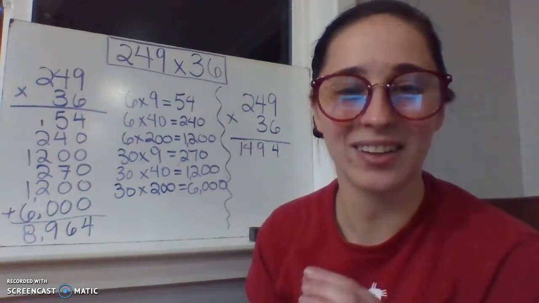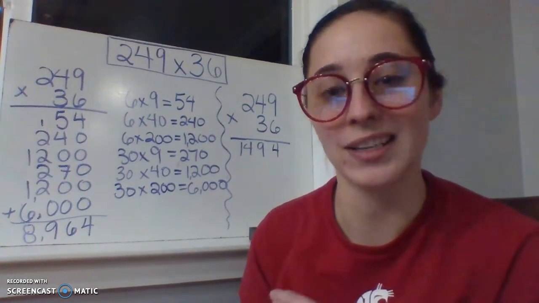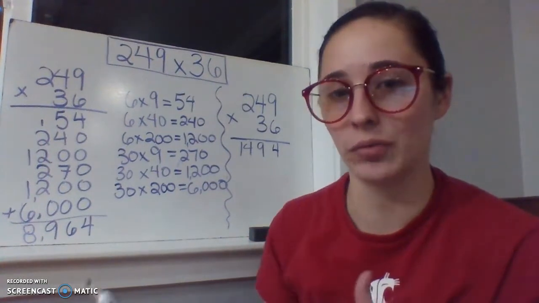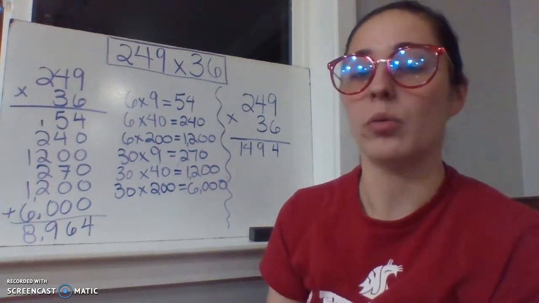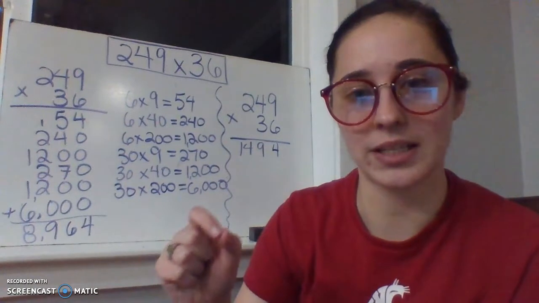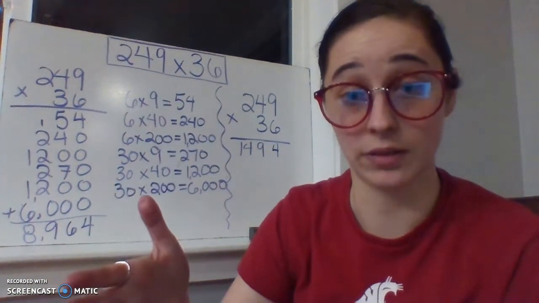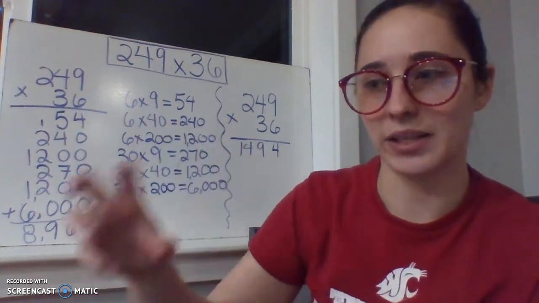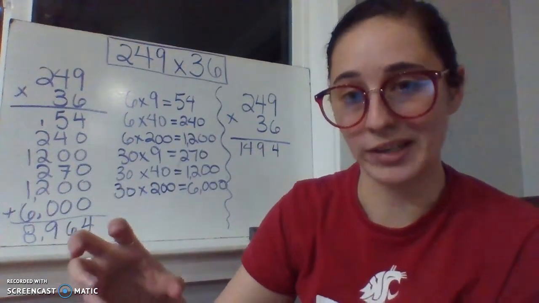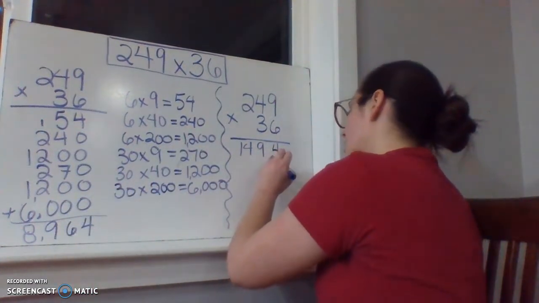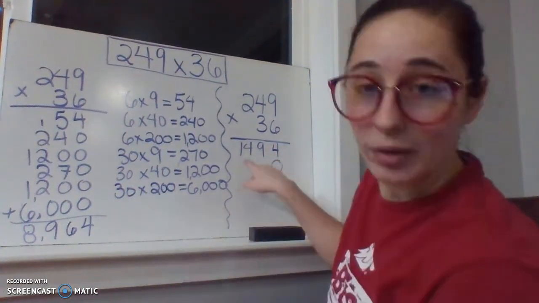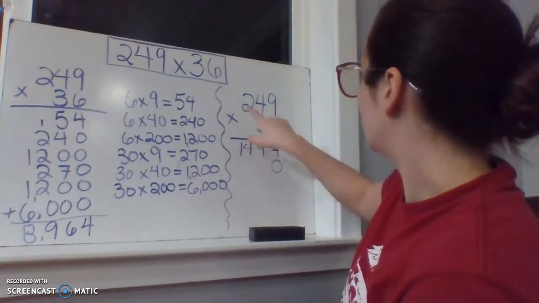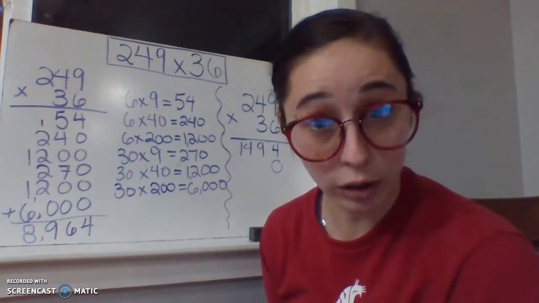Since we are technically multiplying 249 times 30 and not 249 times 3, we have to account for the 0 that's in the ones place of the 30. And the trick for doing that is adding a 0 at the end of the answer that you're going to get. So I'm going to put a 0 right here because this is where I'm going to write my answer when I do 249 times 30.